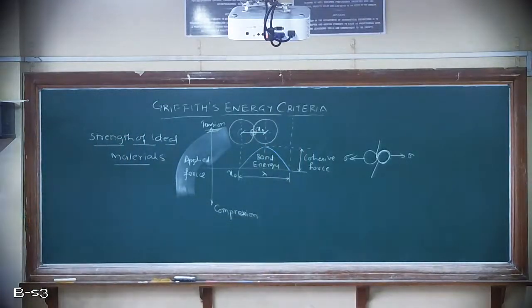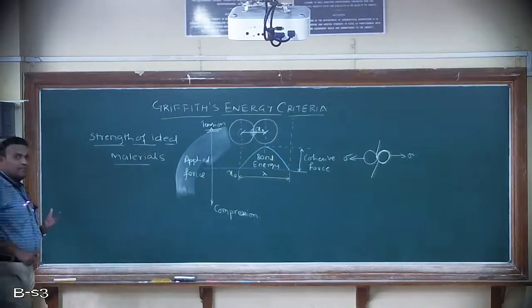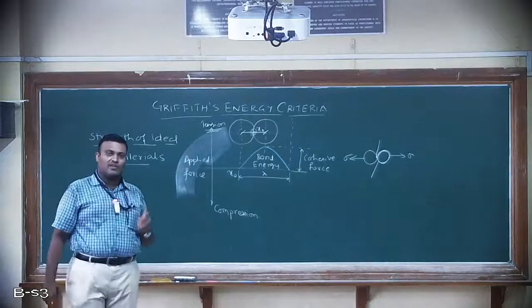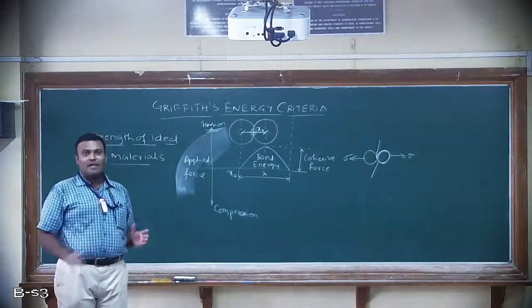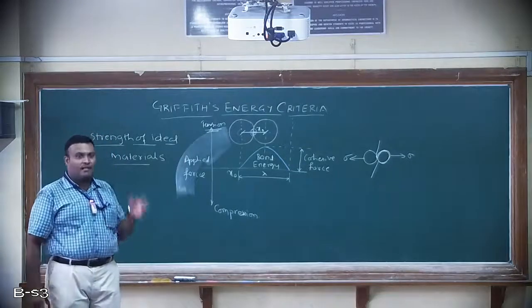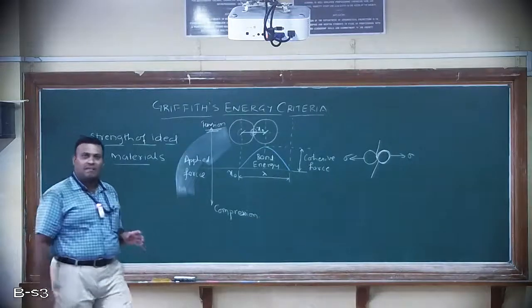The second assumption is that the atoms separate simultaneously, since their separation reaches a critical value. It is not that only the first two atoms of the material separate, or the first six. All the atoms situated in that material will separate at the same time.